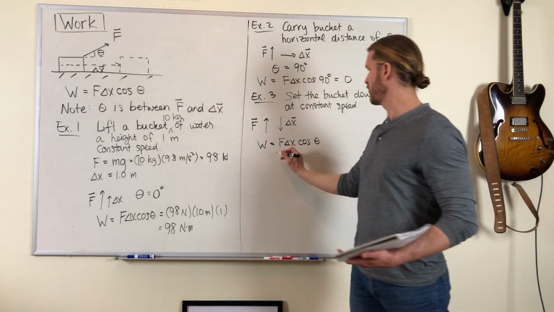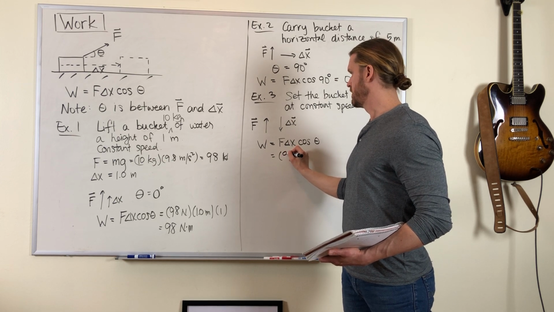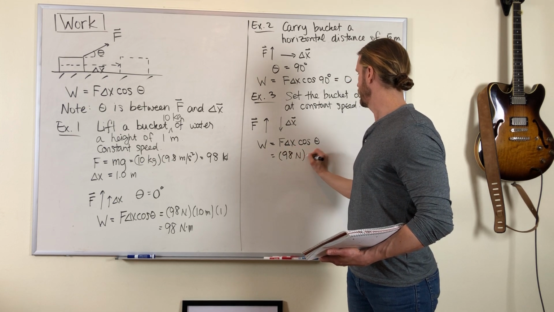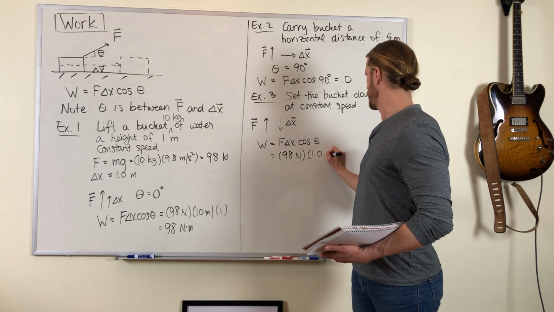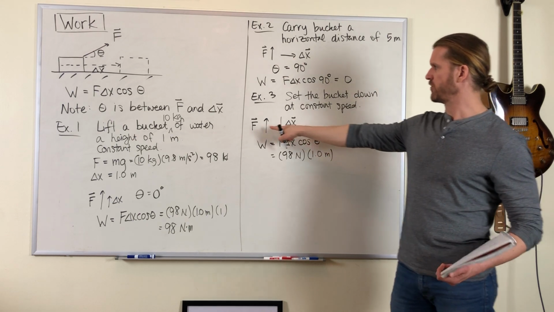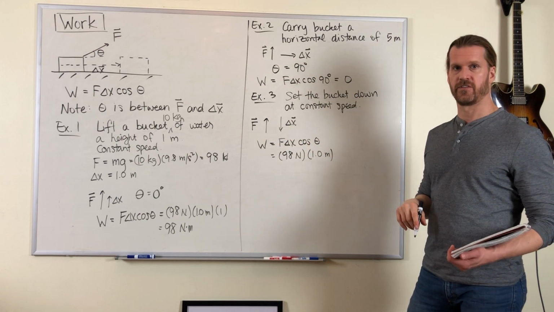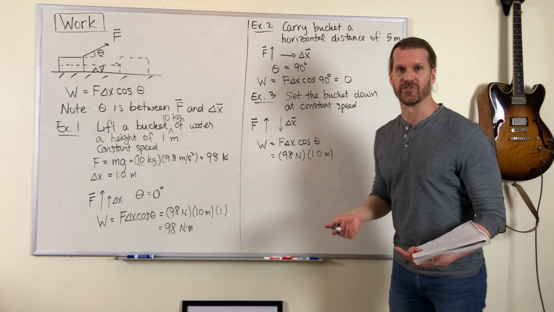So force and displacement are now opposite to one another, and the work done on the bucket is our same force of 98 newtons at displacement of 1 meter. But now the angle between F and delta X is 180 degrees because they are anti-parallel to one another.